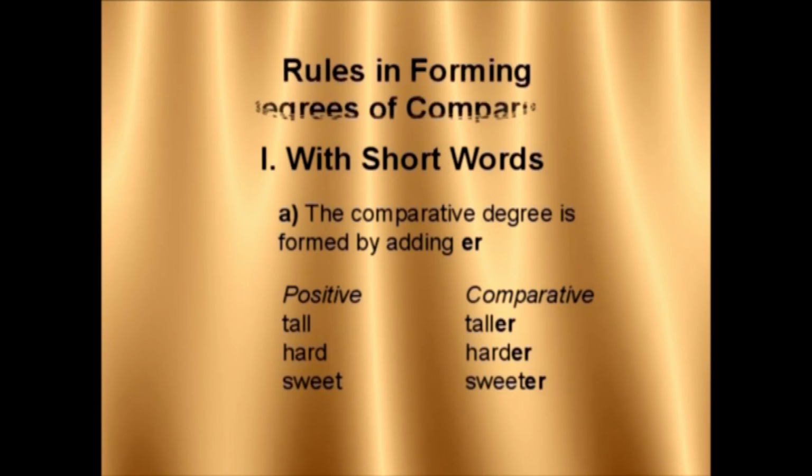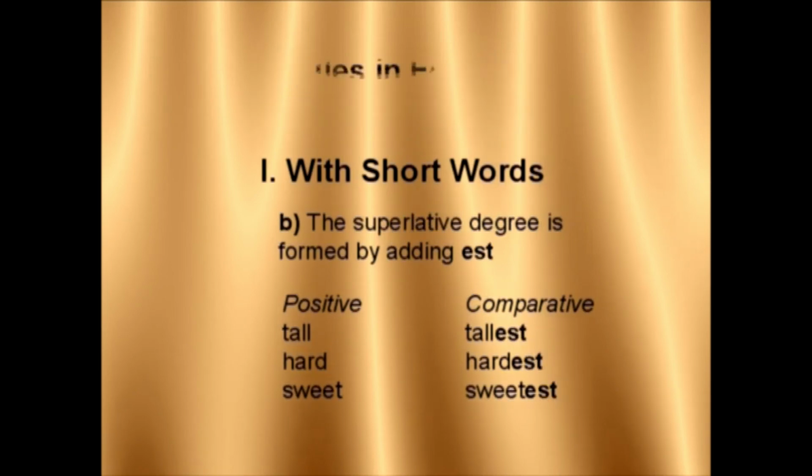Rules in forming the degree of comparison. With short words, the comparative degree is formed by adding ER. For example, positive, tall, comparative, taller, hard, harder, sweet, sweeter.